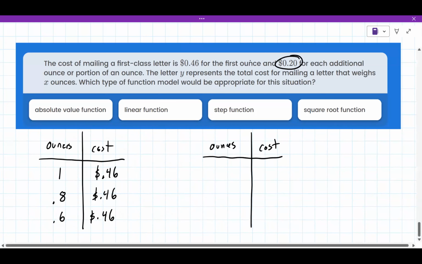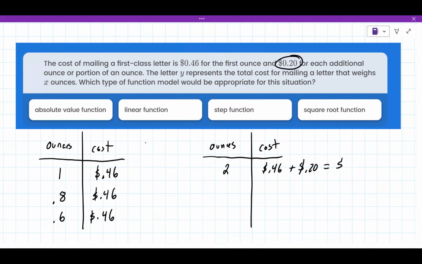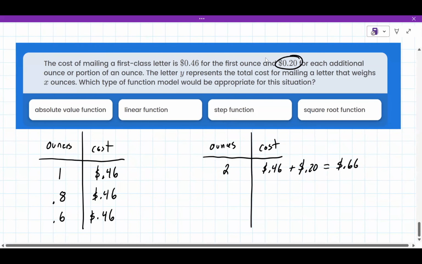The cost is 20 cents for each additional ounce. Yeah. So if something is 2 ounces, it's 0.46 plus the 20 cents, which is 0.66 dollars. That's what's meant by the additional ounce.